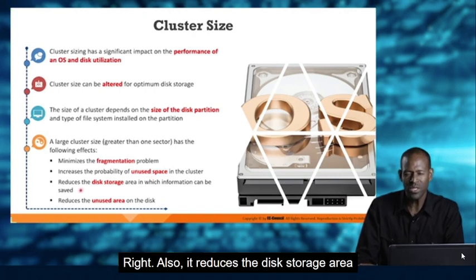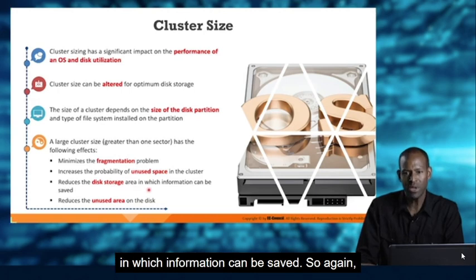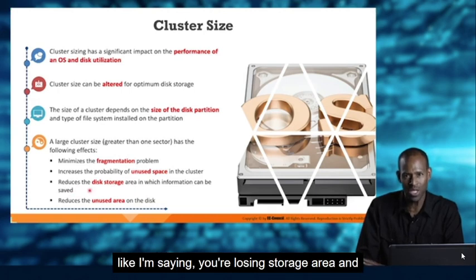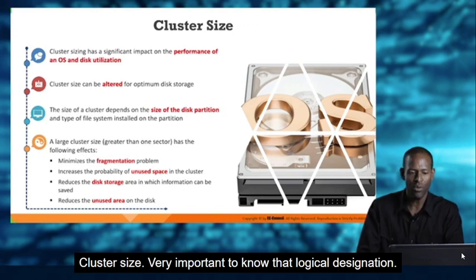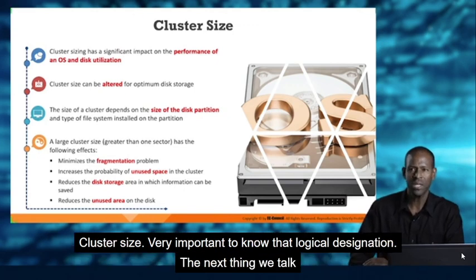Right? Also, it reduces the disk storage area in which information can be saved. So again, like I was saying, you're losing storage area, and reduces the unused area on the disk. All right? So there are consequences to cluster size. Very important to know that logical designation.